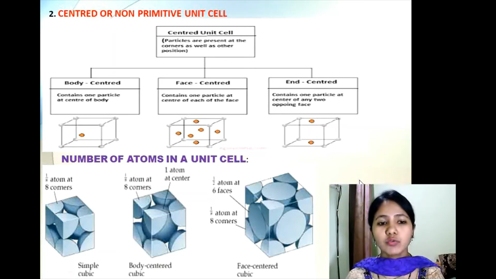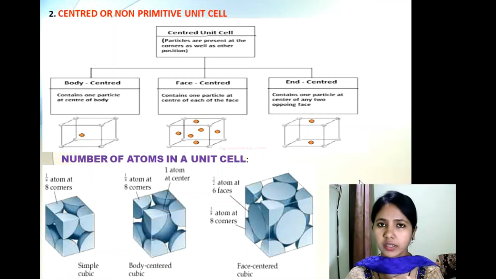It means we have to find out what portion or what fraction of that atom is actually present in the particular unit cell. Now, before calculating that, just have a look here. You can see in simple cubic, there are total 8 corners in a cube. You know it very well that in a cube, total 8 corners are there, and each corner has one atom.